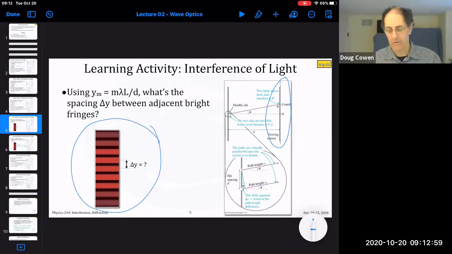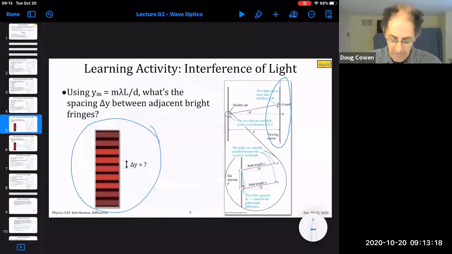Okay, so that's the relative orientation. Again, in the figure on the right, you're looking at the screen that has the interference pattern on it, edge on, and the lower left-hand figure with the bright fringes is what you see if you're looking at it face on.